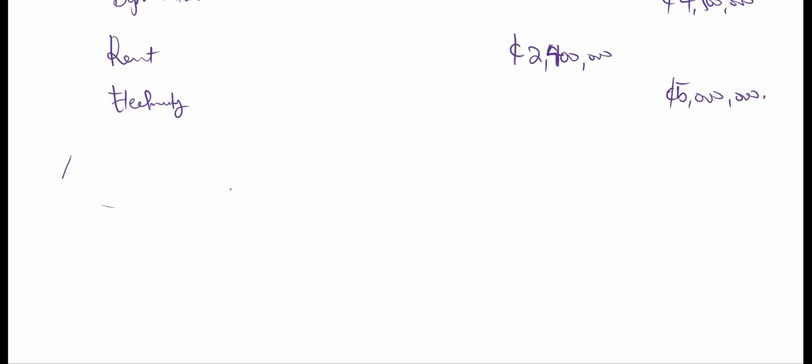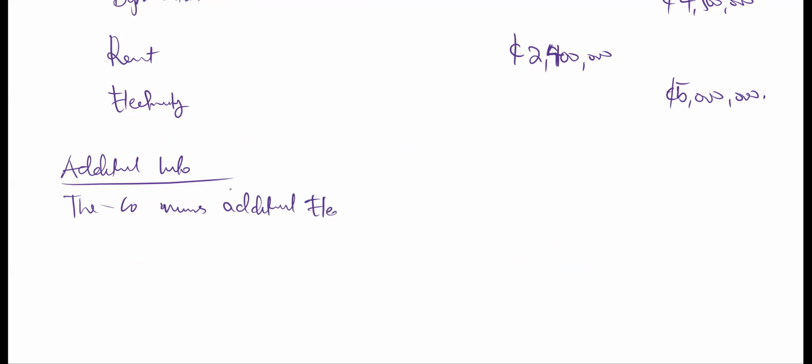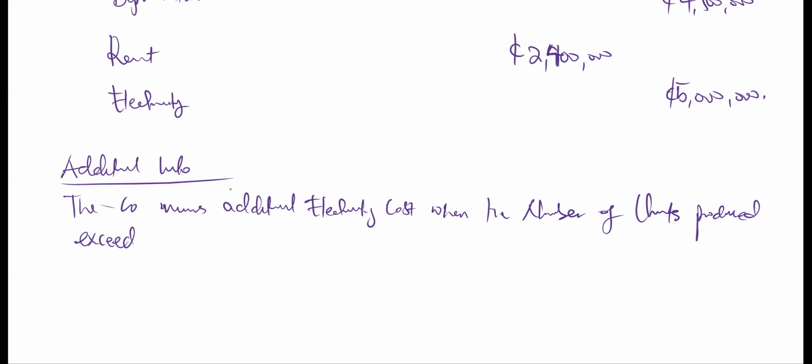Then additional information says that the company incurs additional electricity cost of 10,000 cedis when the number of units produced exceeds 450,000 units.